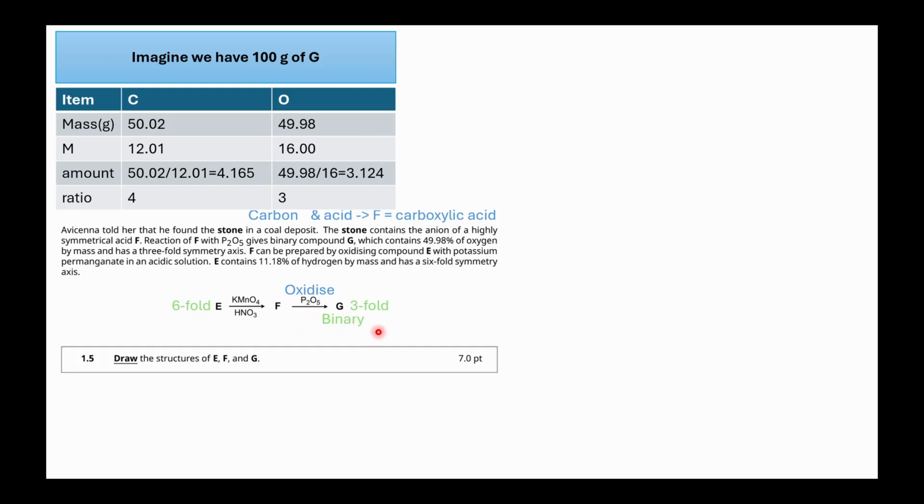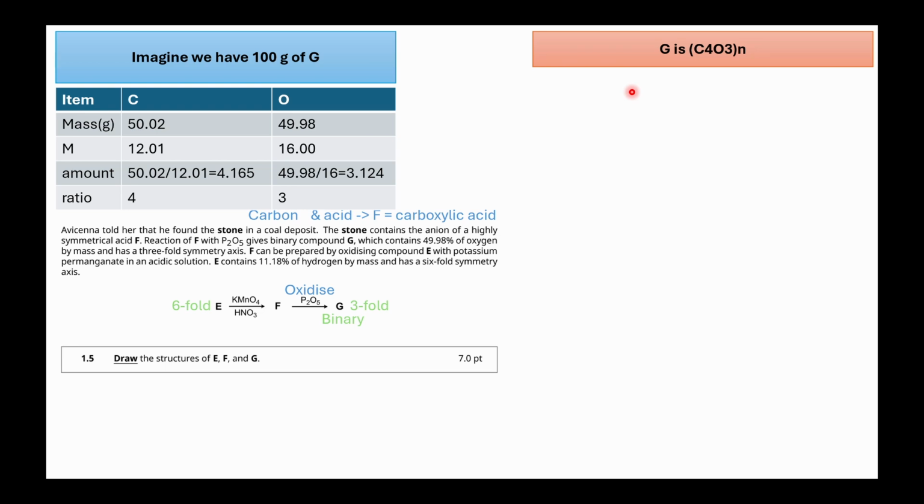I wrote it down while making the slides, but anyhow, yeah. So we have carbon and oxygen. Life is much simpler. So we're going to divide the mass by the molar mass, get the amount, and then we get the ratio. So now we have the empirical formula of G.